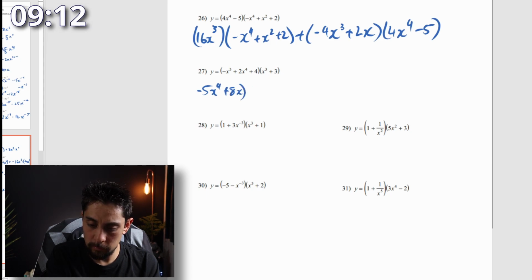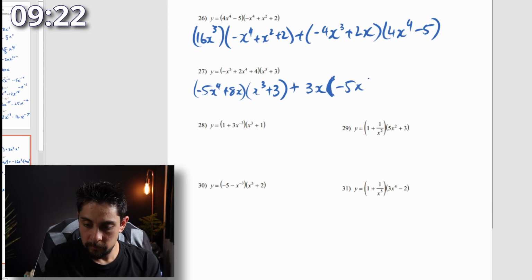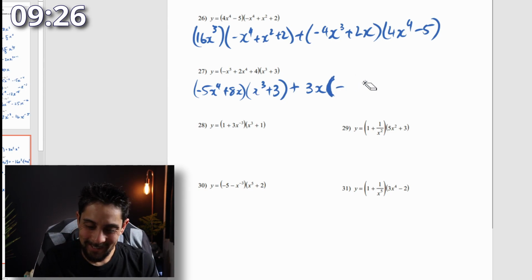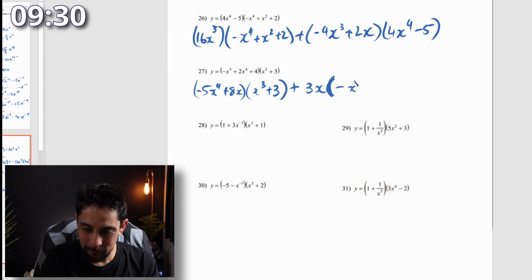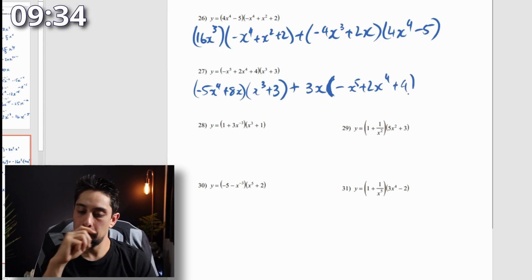Pretty decent. Multiply all of that by x^3 plus 3 plus 3x times, that's a bracket, negative x, what am I doing? That's not right at all. Let's try that again. Pen tool, negative x^5 plus 2x^4 plus 4.